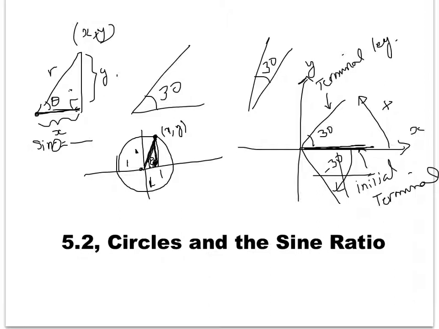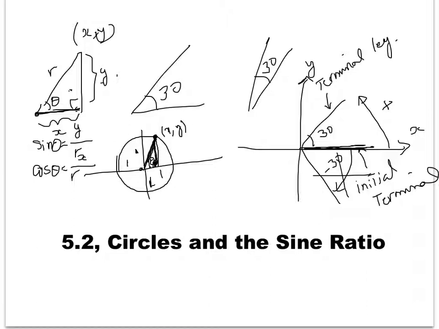I'm going to define what r is, the radius. So what is the sine of angle theta? Y over r. What is cos theta? X over r, adjacent over hypotenuse.